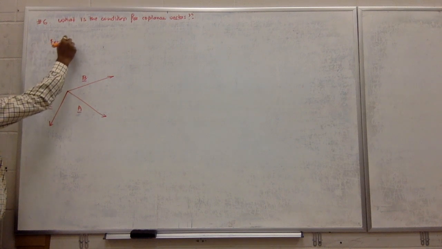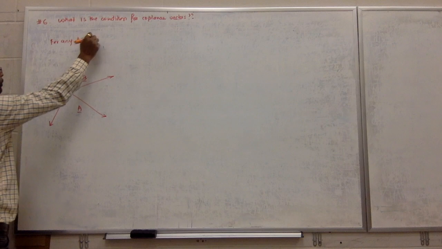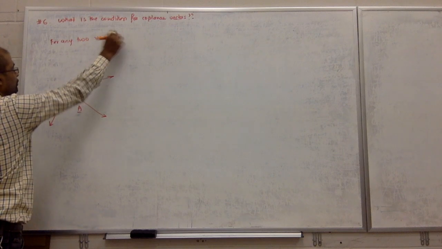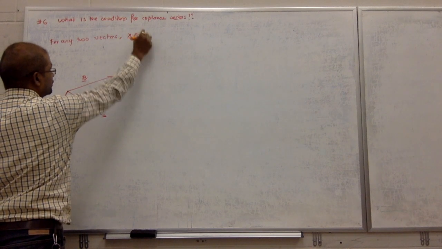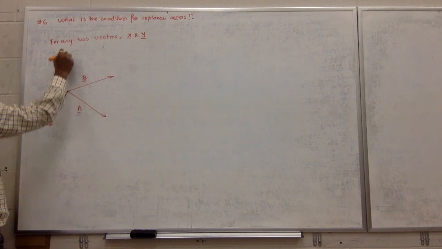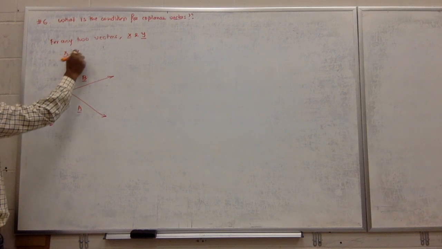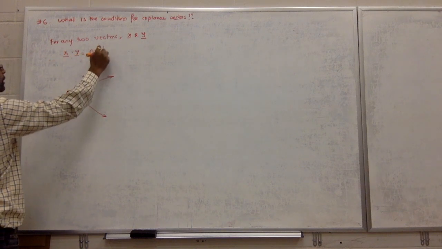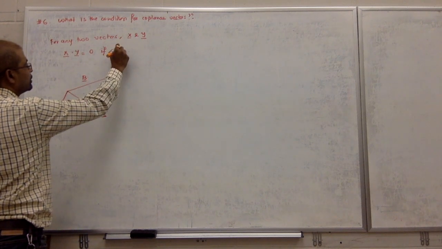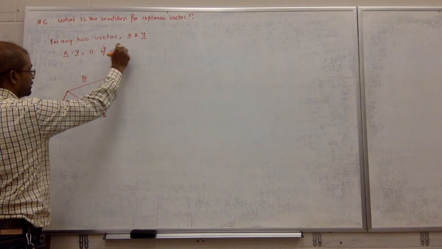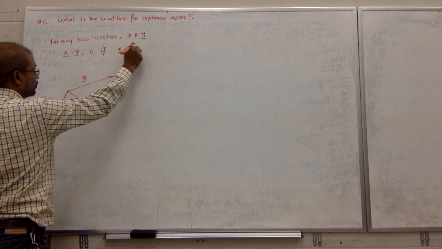for any two vectors x and y, x dotted with y is equal to 0 when? When they are perpendicular. x is perpendicular to y.